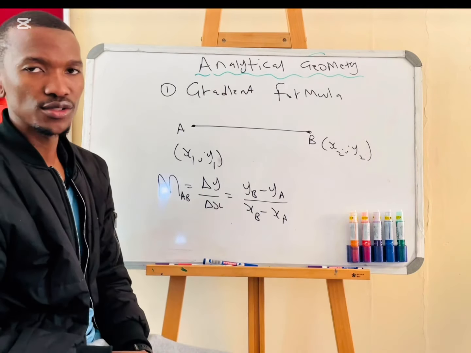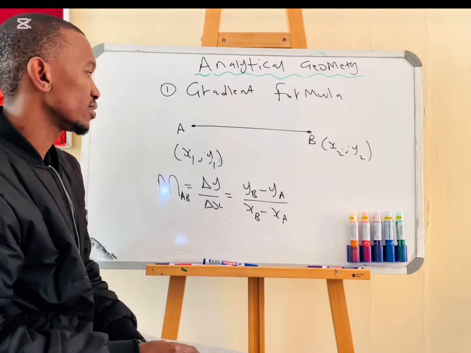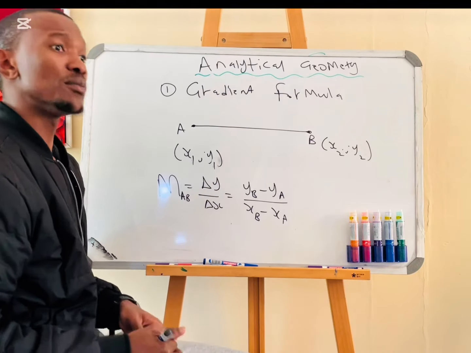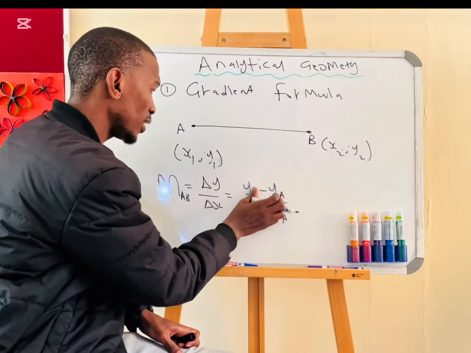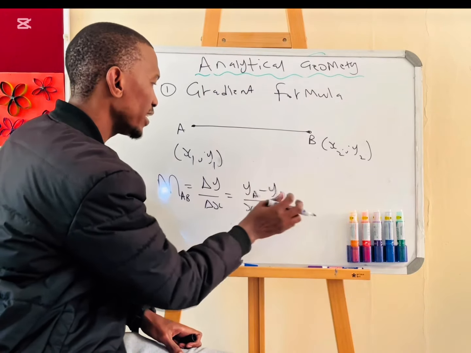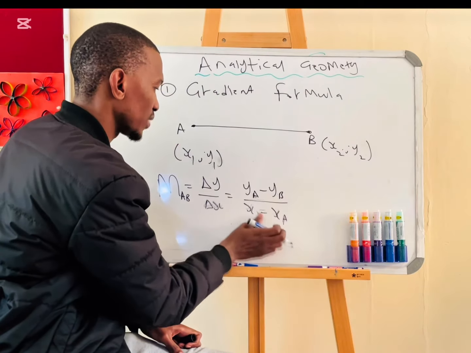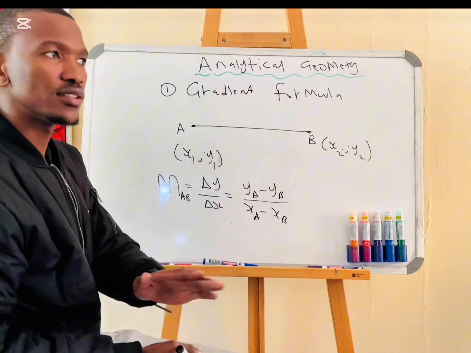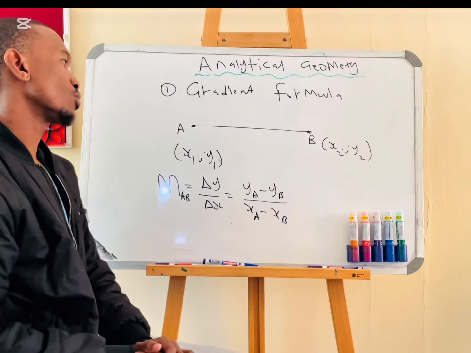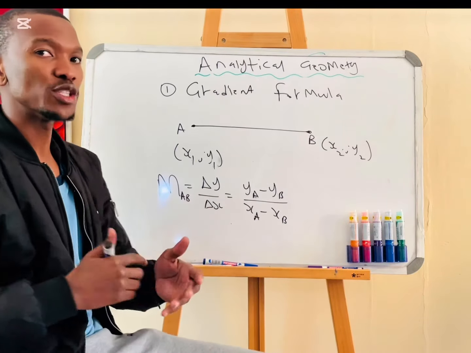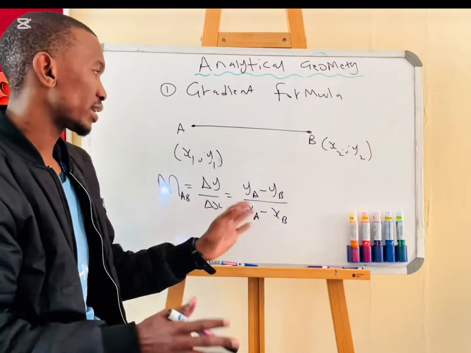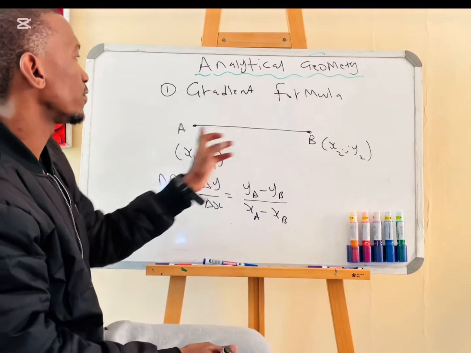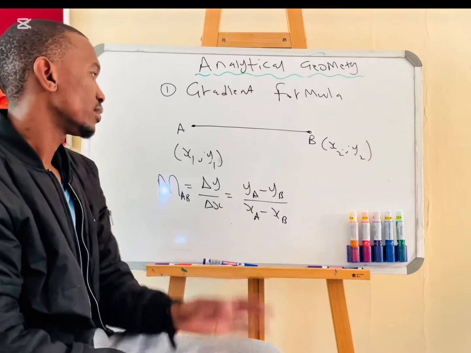Yes, you're allowed to do so. Don't worry, don't even panic. Someone can say, okay, Mr. Decomposer, is it also allowed if I say YA minus YB and XA minus XB? 100% you are allowed. So these are possible ways in which people can use the gradient formula to calculate the slope of this line AB. This is basically the formula.